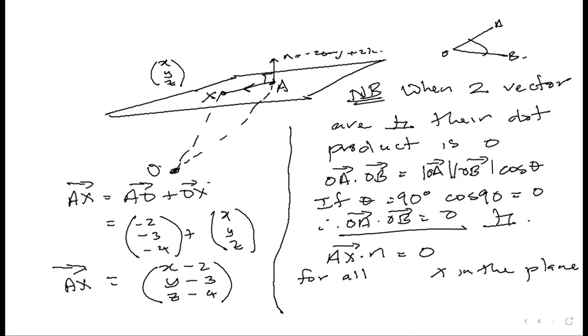Sir, the symbol that I rubbed out was supposed to be angles for all x in the plane, or just for all x in the plane? For all x, for all points. All right, thank you, sir.